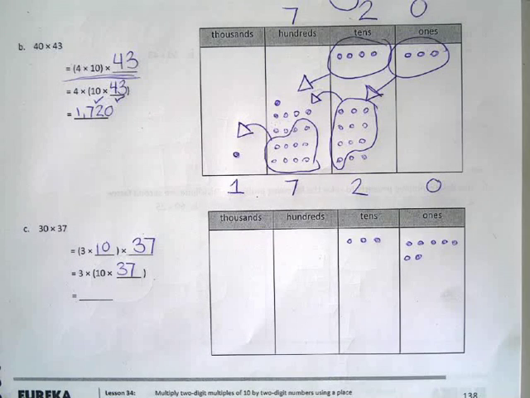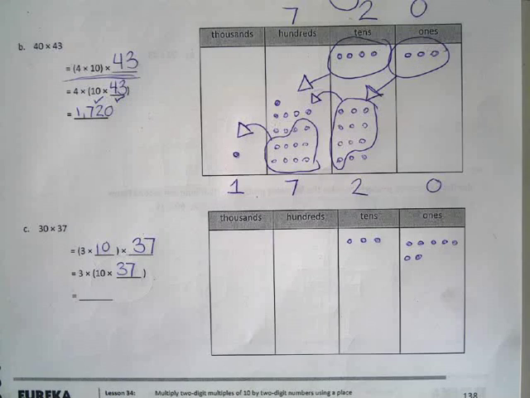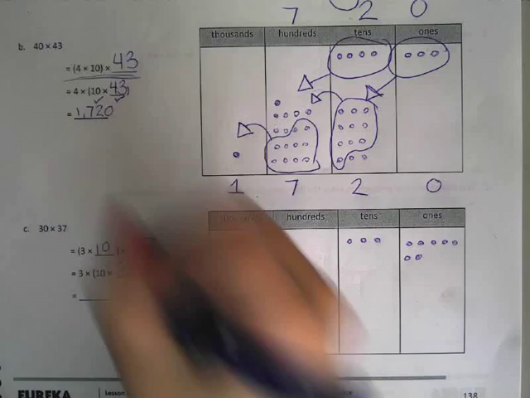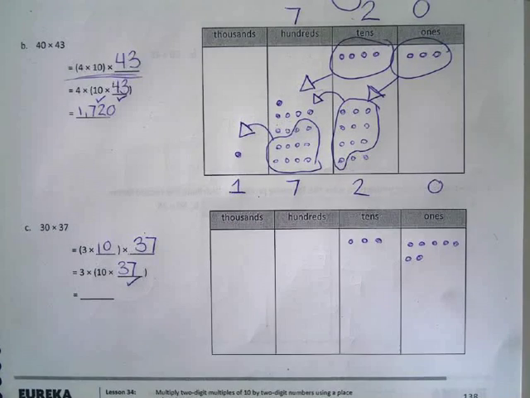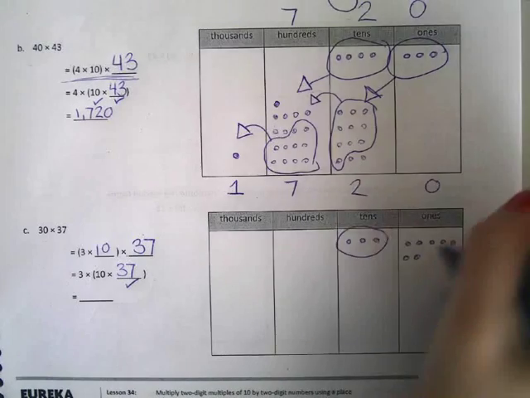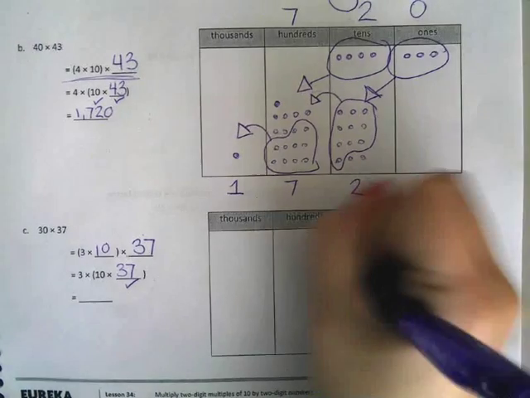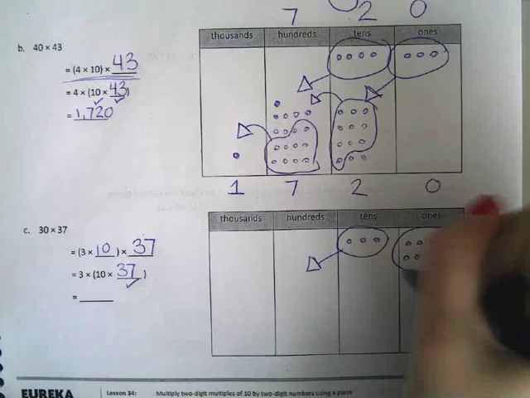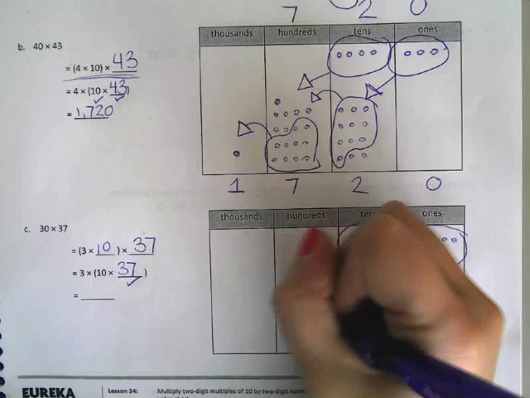So the first thing I'm doing is putting my big number into my chart. And then I'm going to multiply by 10, which means to do what? Switch them all in place value. Yep, exactly. Thanks, Aiden.